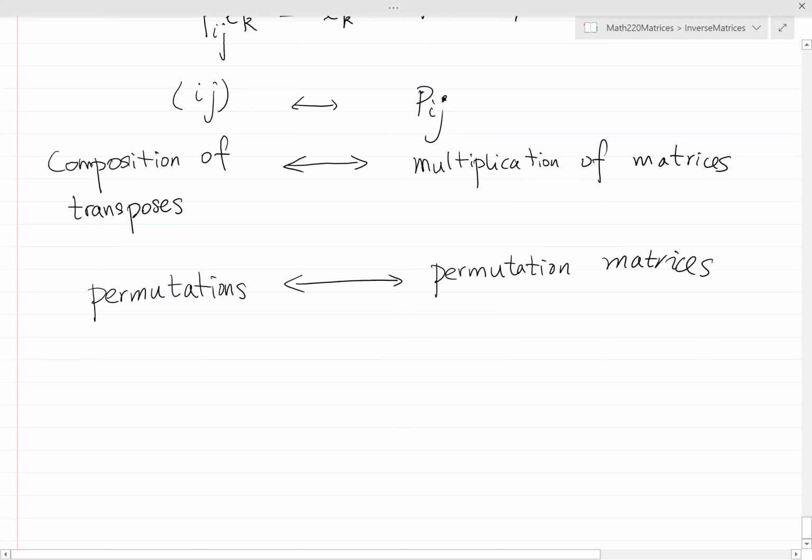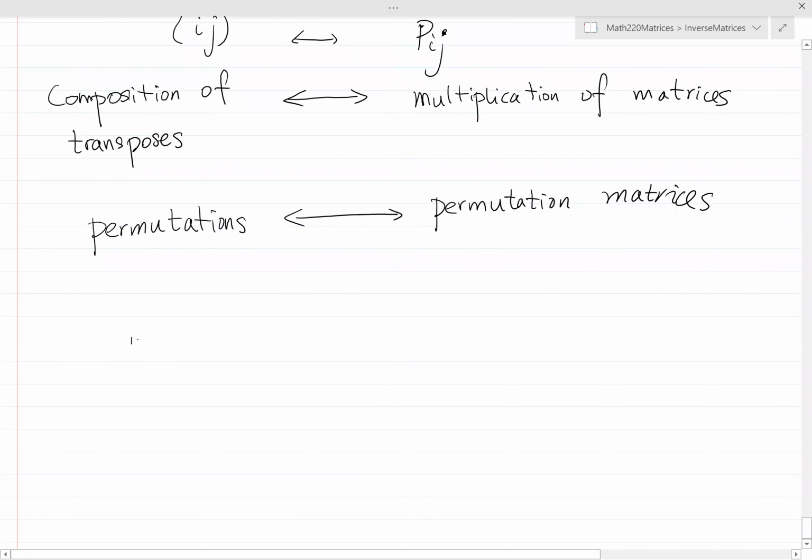Now let's see what this Pij looks like as a matrix. If we have an n by n matrix, this is the i-th row and this is the j-th column.